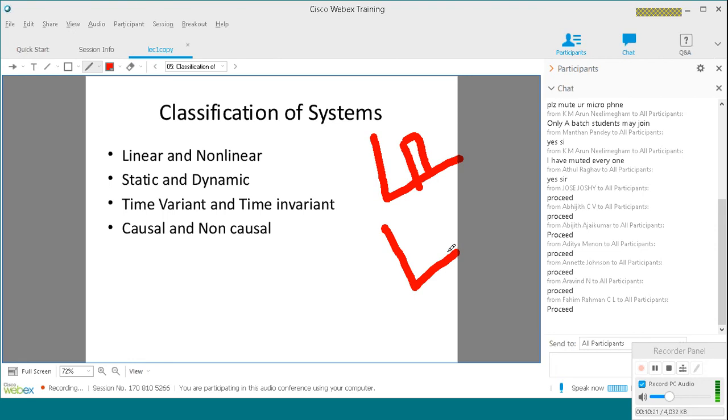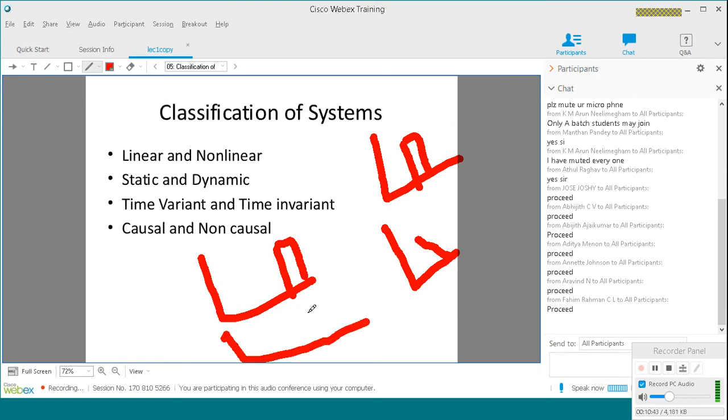If the system gives some response at that time, and if the input is shifted in time, then the system should also give the same response. Time shifting of the input doesn't change the behavior or response of the system.